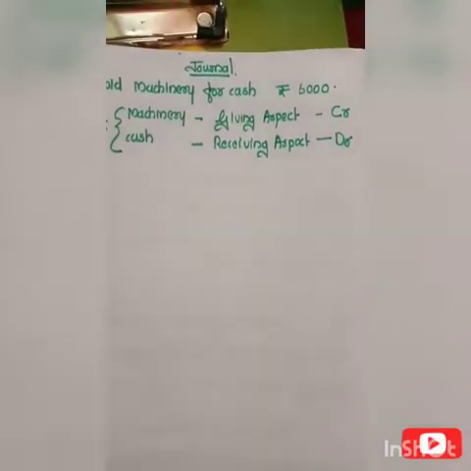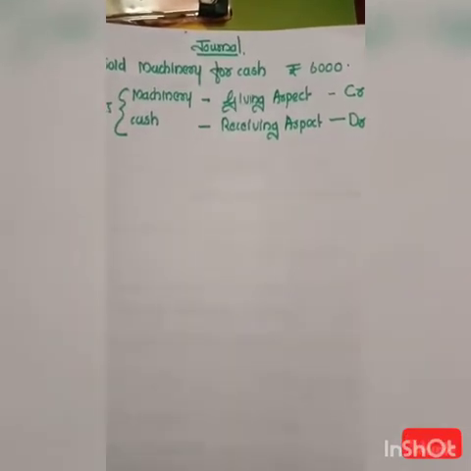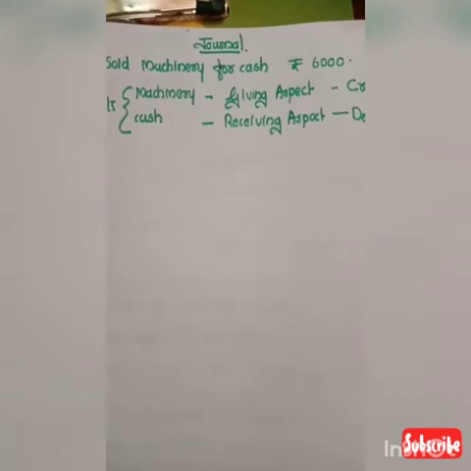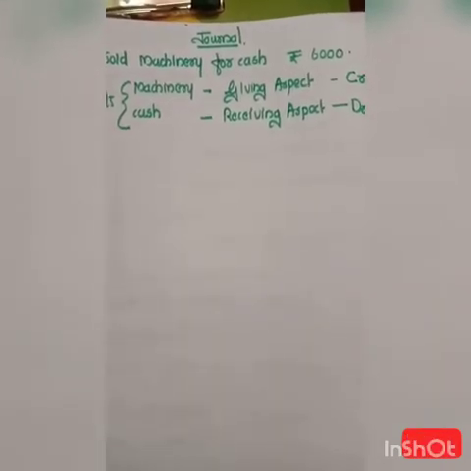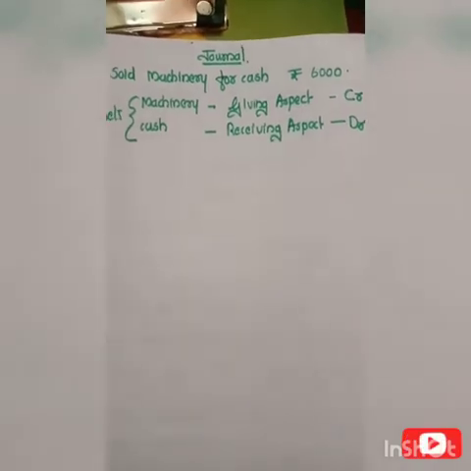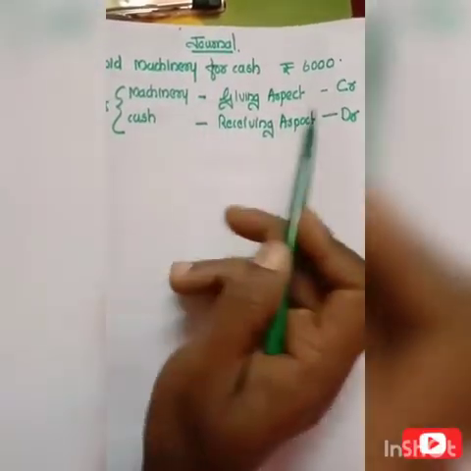Sold machinery for cash. Two aspects are there, receiving aspect and giving aspect. Receiving aspect is cash and giving aspect is machinery. Both are assets. Therefore, for machinery, credit, cash, debit.